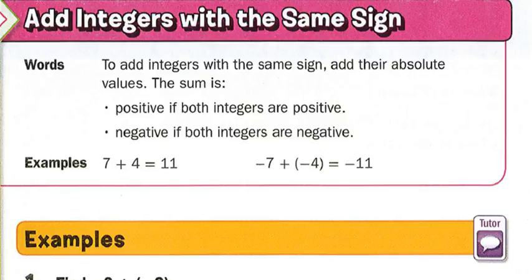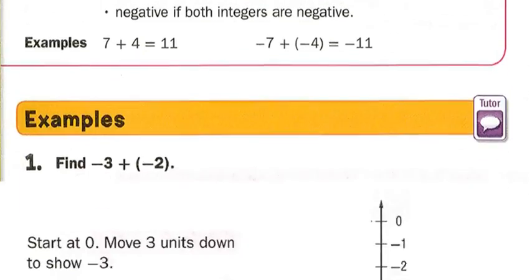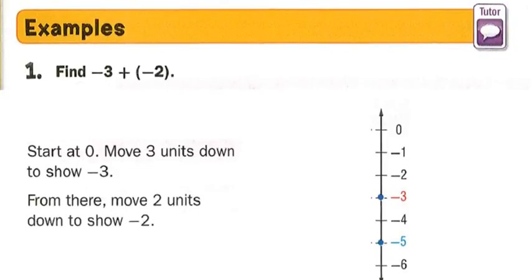So in this case, the sum is positive if both integers are positive, which is basic addition that you've been learning since you were knee-high, as they say. If they're negative, well, then you're going to have an answer that is negative as well. So that one's the one that may be a little more new to you, but I think you'll pick it up pretty quick. So let's look at some examples to see how this is actually happening.